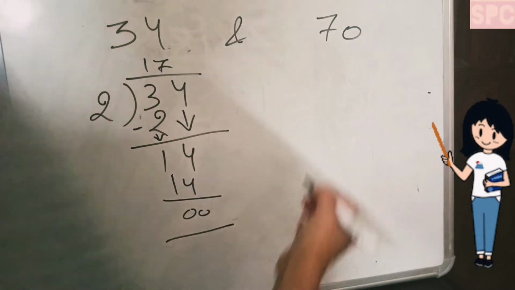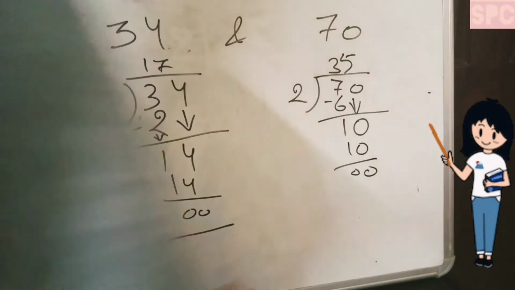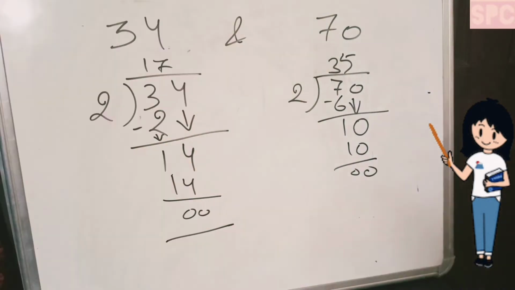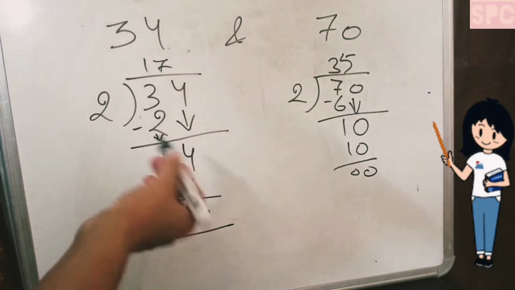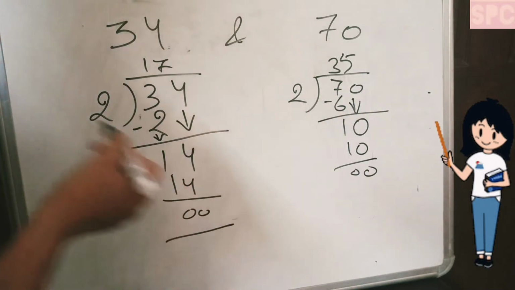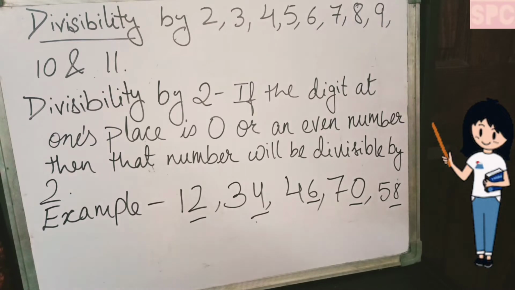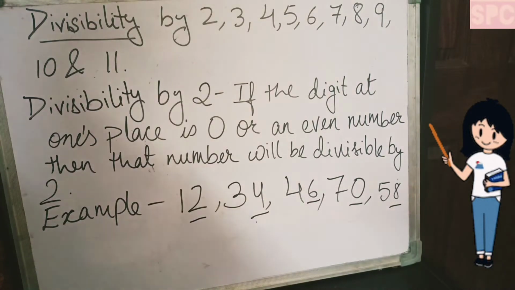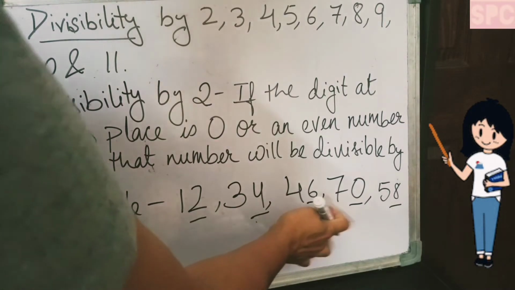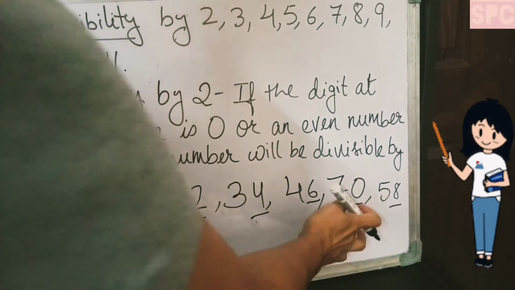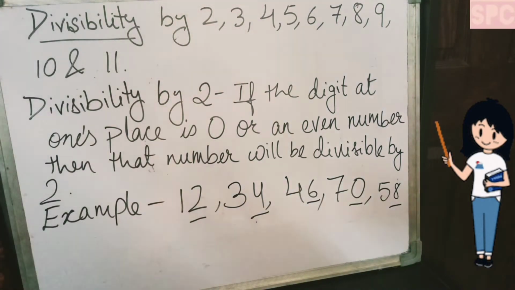The same thing we'll check over here also. Also we have got 0. So we can see that 34 and 70 are completely divisible by 2. So here we understand that if any number has got an even number at ones place or 0 at ones place, that number will be definitely divisible by 2.